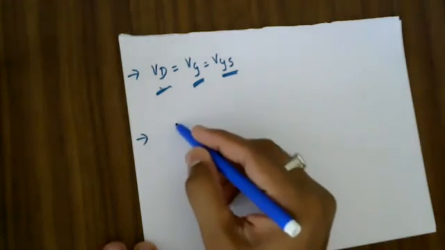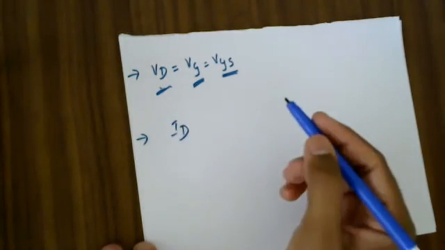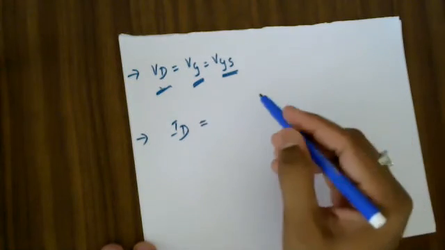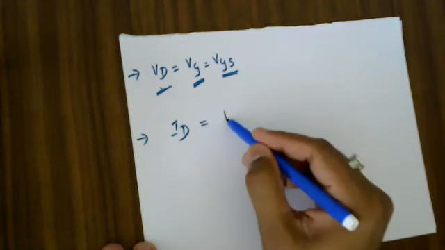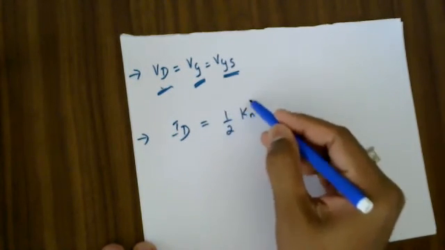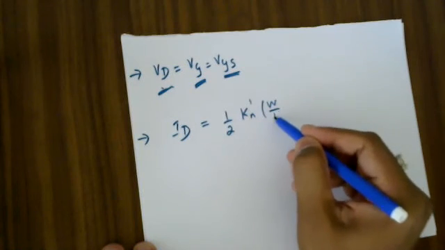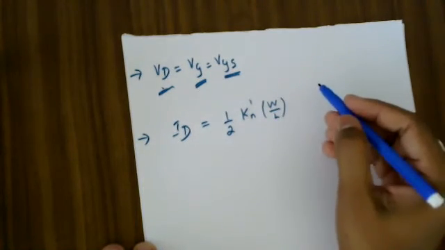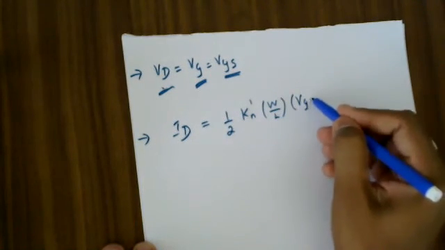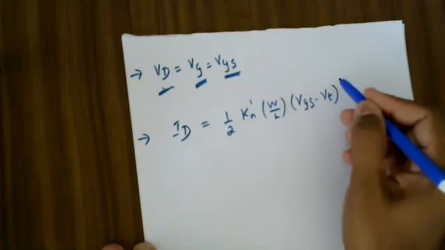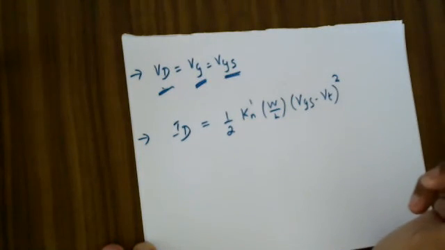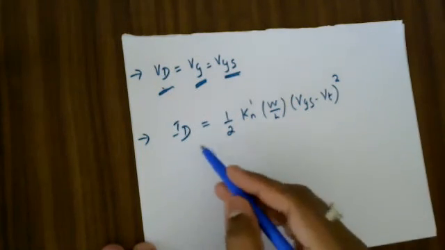Here I will be using the equation for ID itself. ID is equal to 1 by 2 times Kn dash into W by L into VGS minus VT the whole square. Agreed?